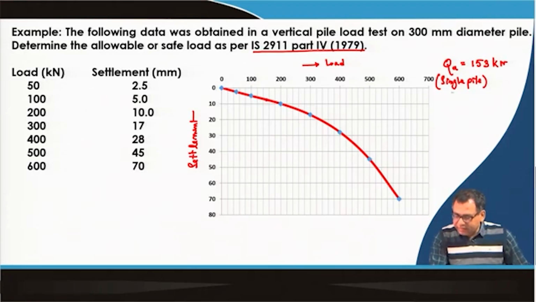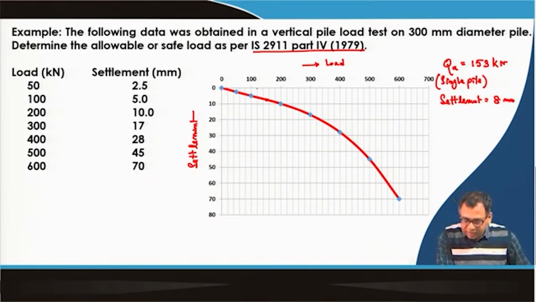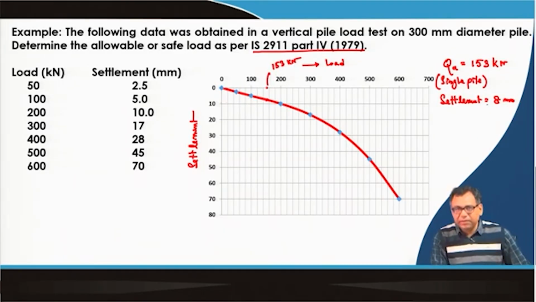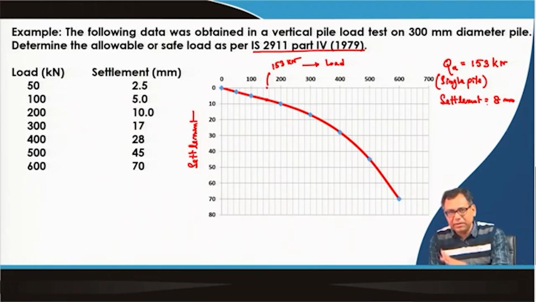That settlement is 8 millimeter from the chart. So, this is 153 kilonewton and the corresponding settlement is 8 millimeter. That means, under the 153 kilonewton load, which is the allowable load carrying capacity of the pile, the settlement is 8 millimeter, and that settlement is for the single pile.